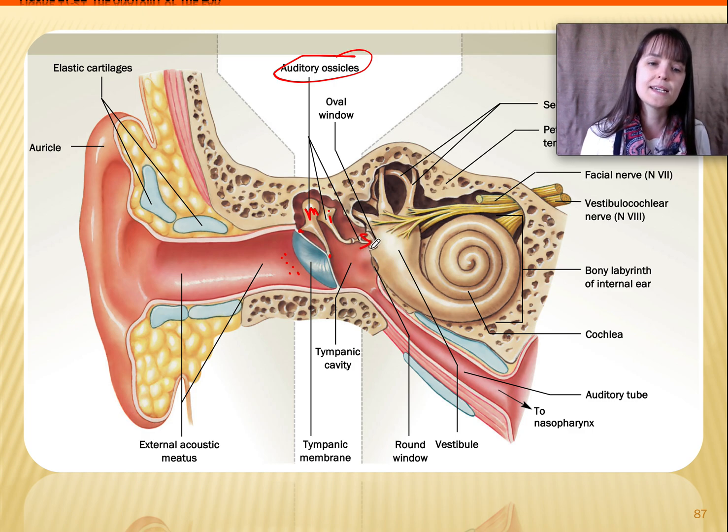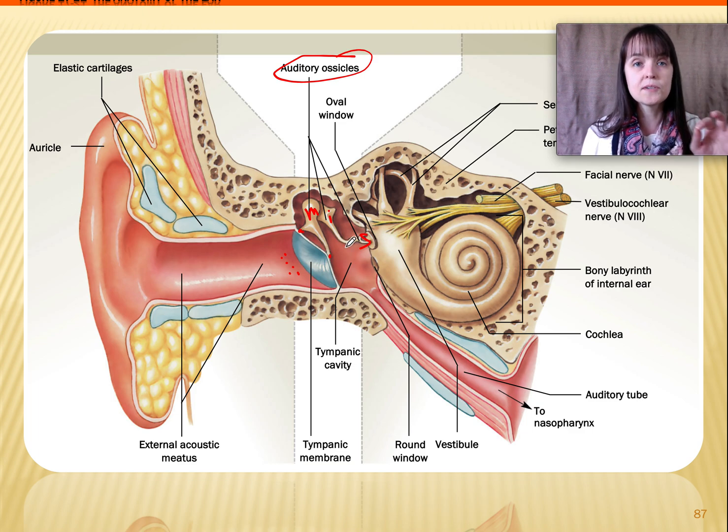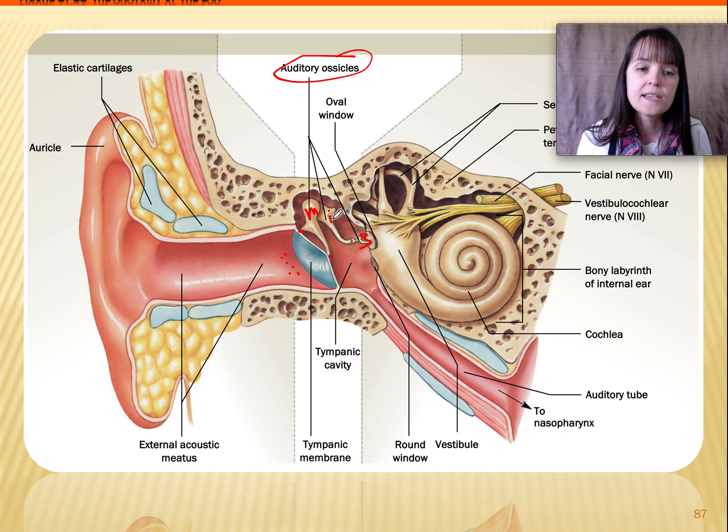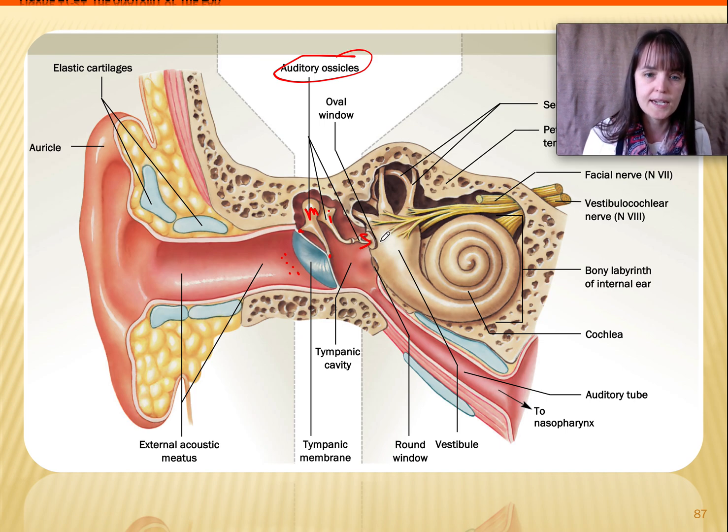And these bones are about the size of a grain of rice, like short grain rice, not the big rice. These tiny bones inside your ear, the auditory ossicles, amplify those sound waves and then transmit them to the cochlea, to the inner ear.